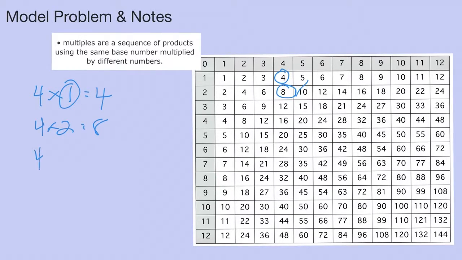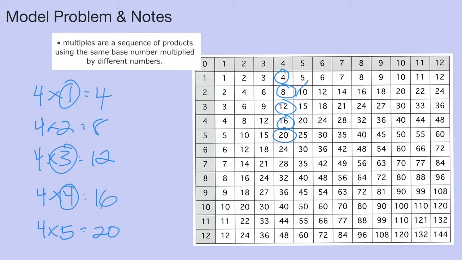The third multiple of 4 would be 4 times 3, and that would be 12. The fourth multiple of 4 would be 4 times 4, and that would equal 16. And if I want to find the fifth multiple of 4, it would be 4 times 5, which would be 20.